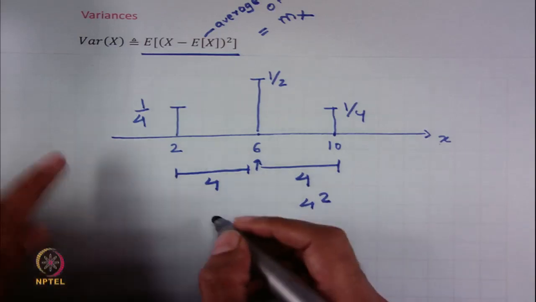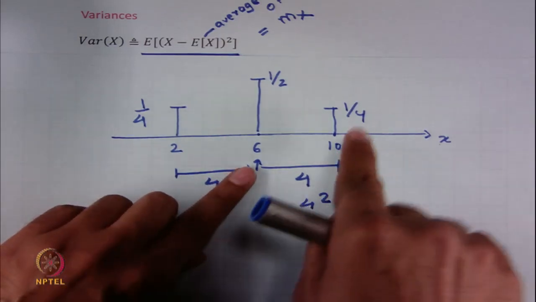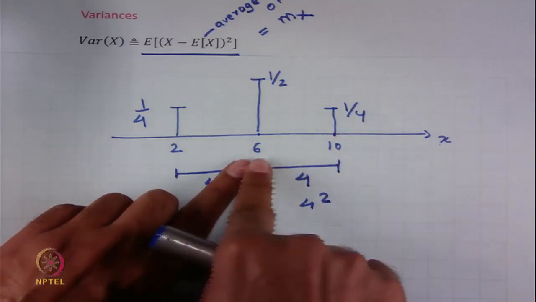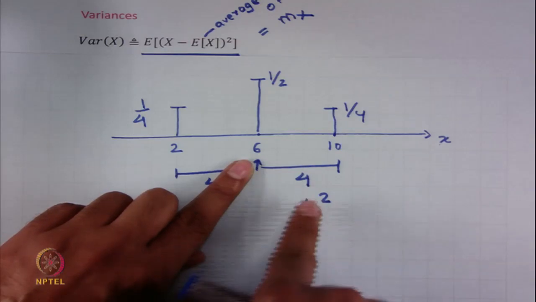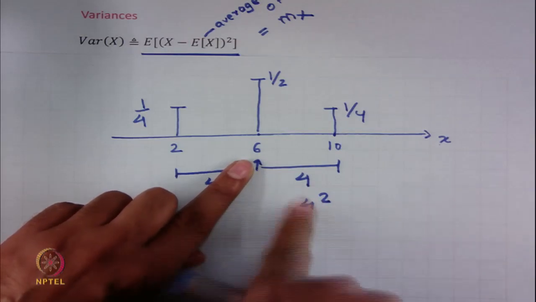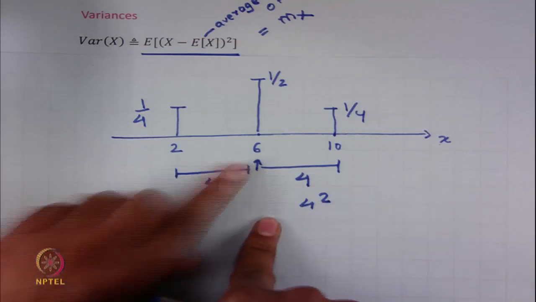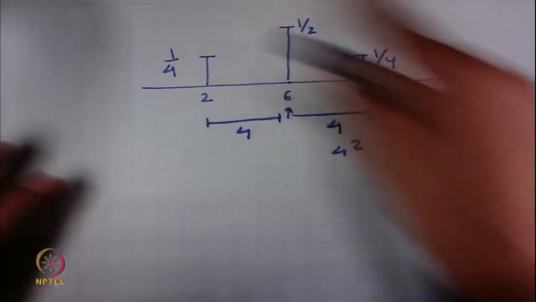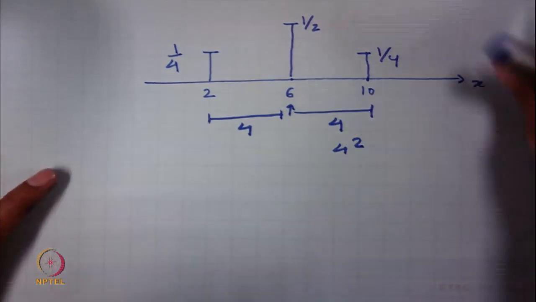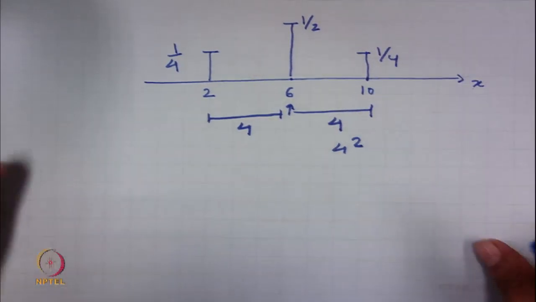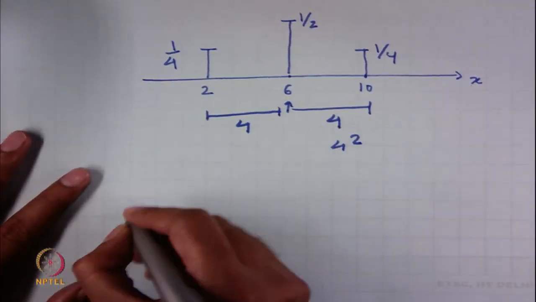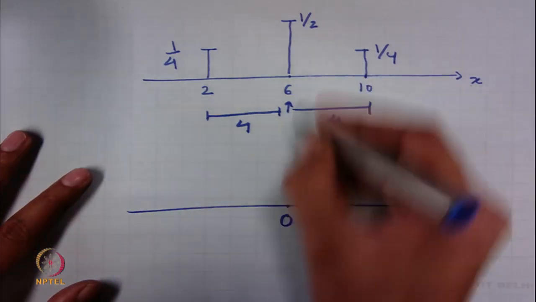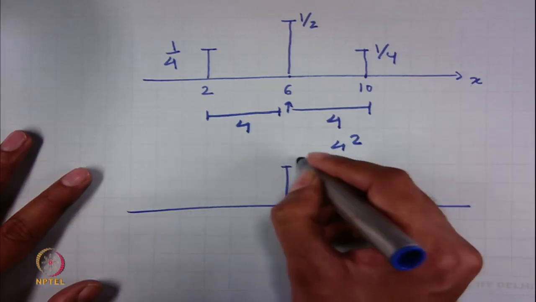So, I do two things. First, I calculate the distance of the values that this random variable takes with respect to the mean, and then I square those distances, and then I find the expected value of that quantity. Basically, we are trying to give more weightage to the distances that are longer. If I do that, this point would convert to a point 0, and this would happen with a probability half.